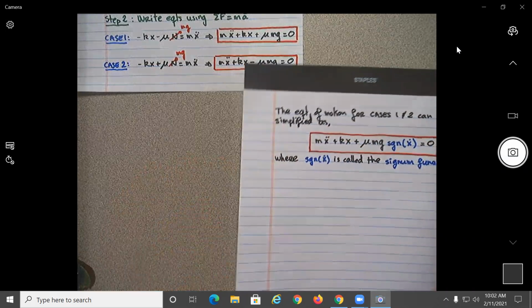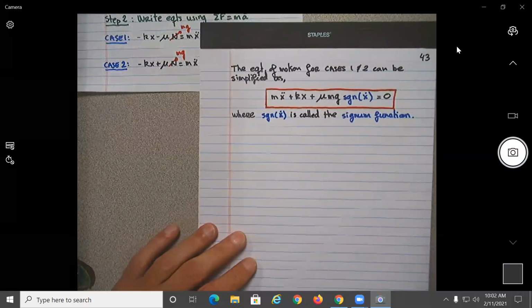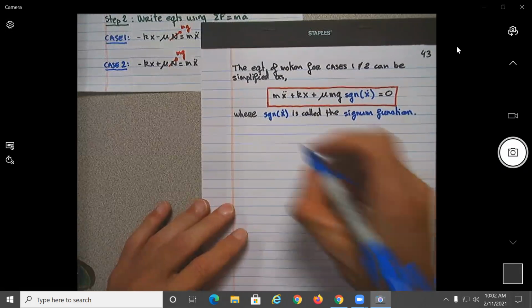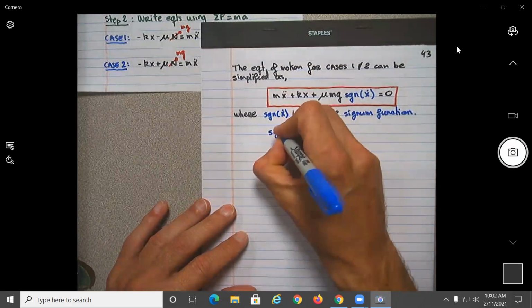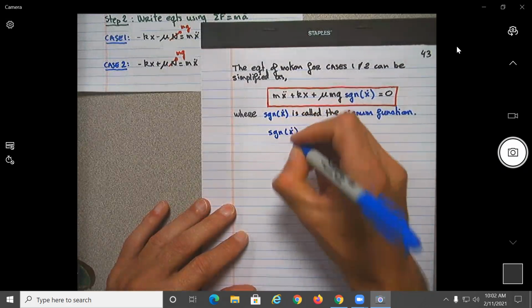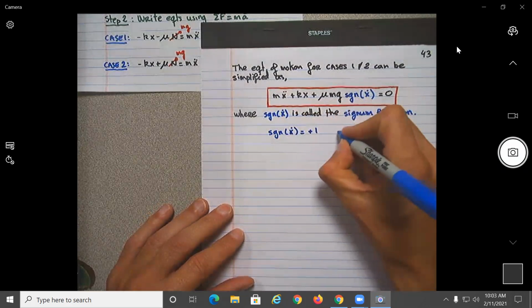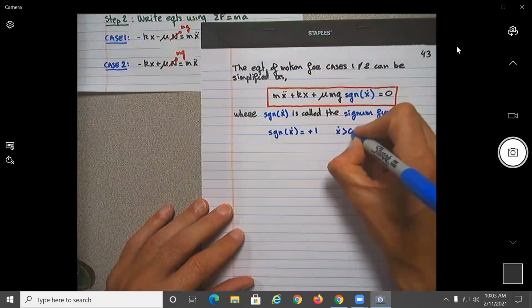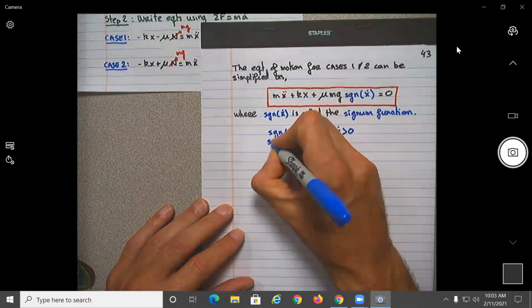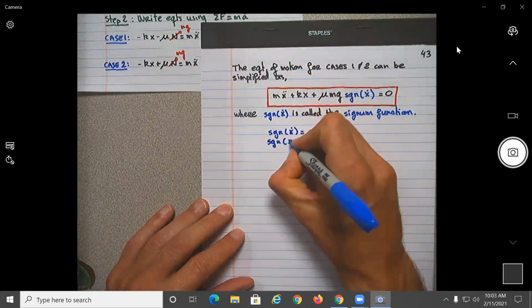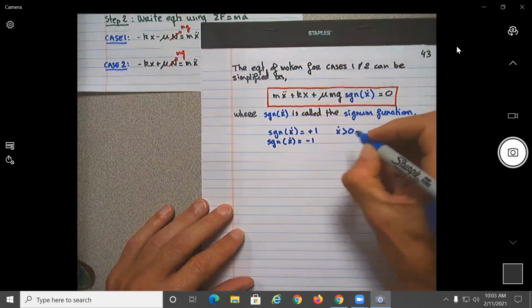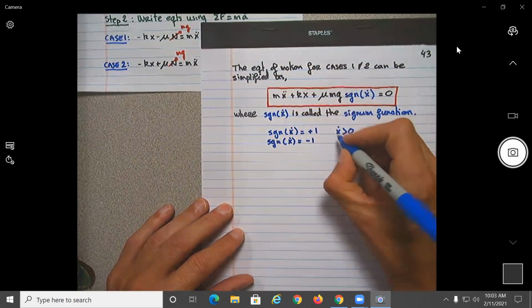All right, so let me just specify and then I do a little figure. Figures are always better than to write stuff. So sign of x dot equals +1 if x dot is positive, and obviously sign of x dot is equal to -1 if x dot is negative.